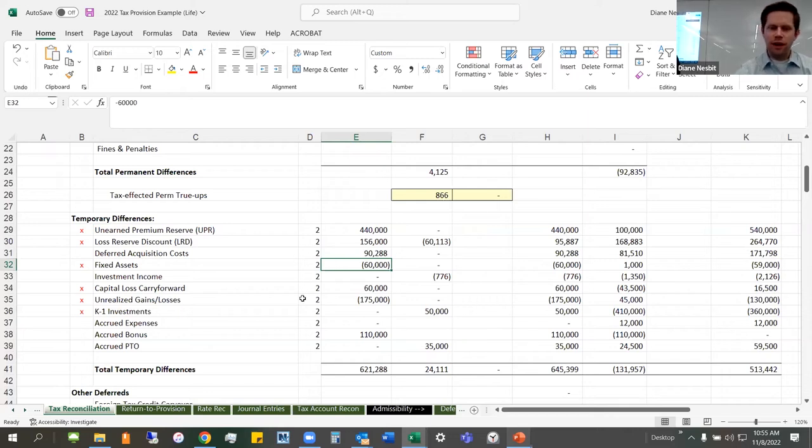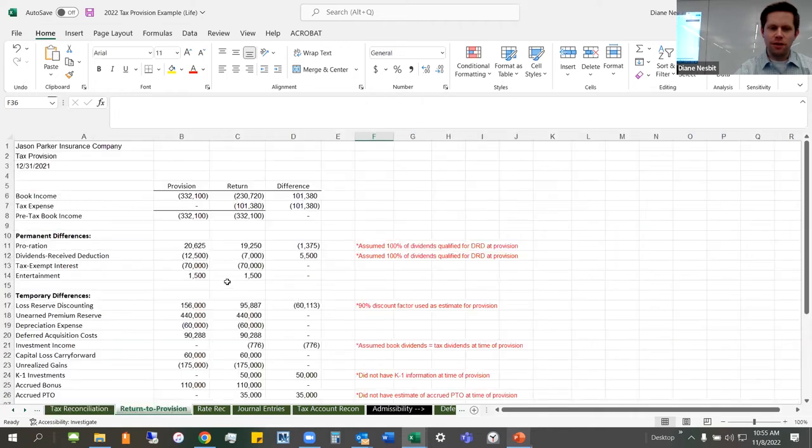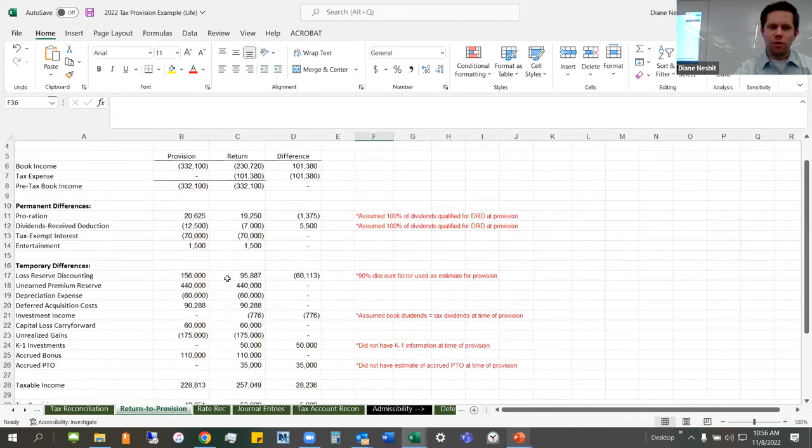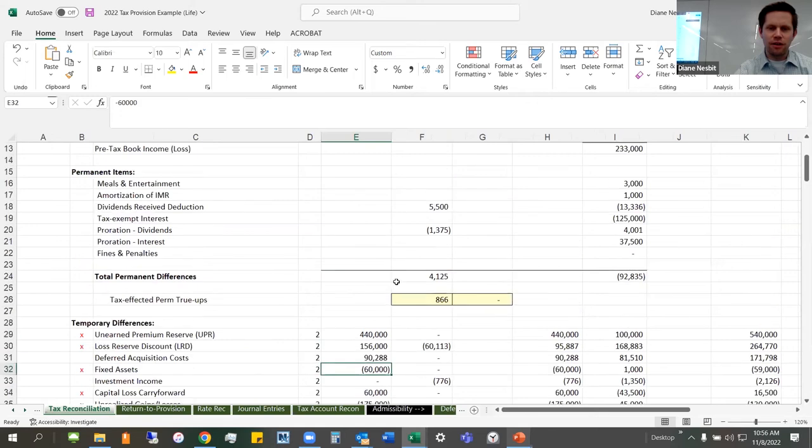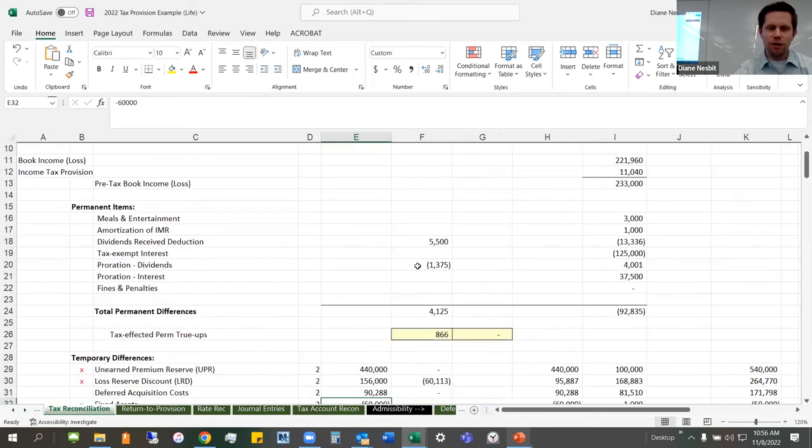Once you have those beginning balances in place, you're going to want to look at what you calculated on the provision and what the tax return actually looked like, and then include those differences in this true up column.